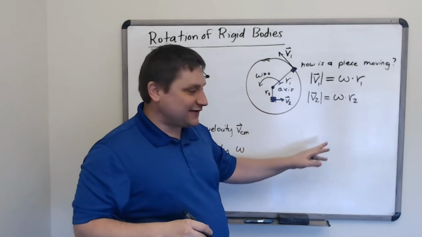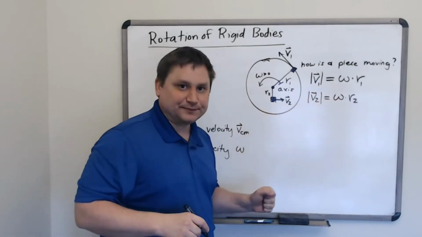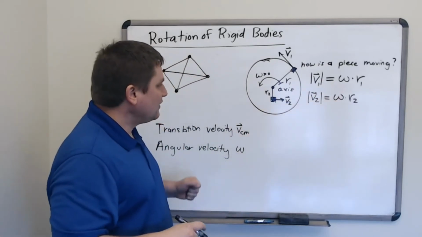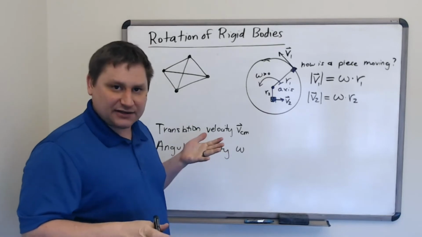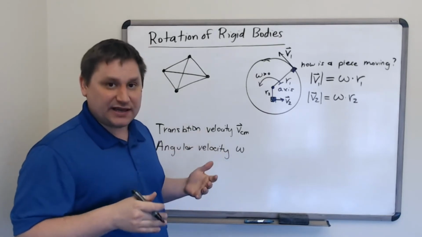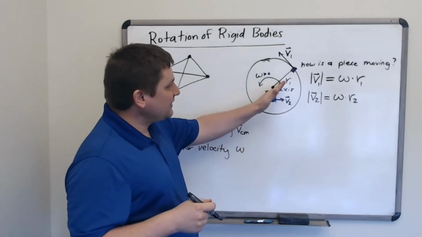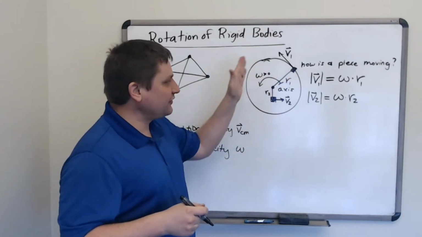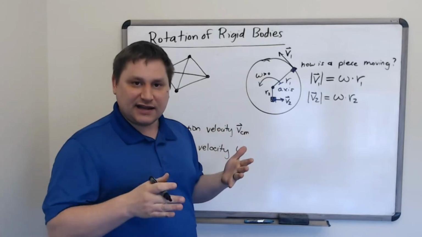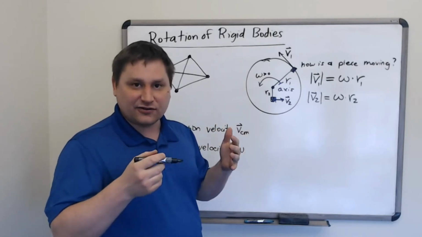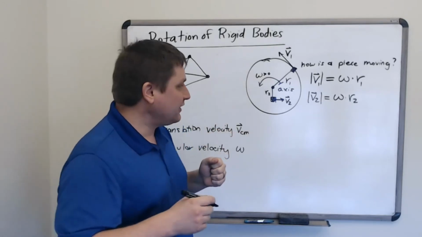All these pieces have the same angular velocity, though. So these velocities will be of different magnitudes for different pieces, but they'll also be in different directions. Notice that when an object rotates, each piece moves along a circular trajectory. So its instantaneous velocity is always in a direction that's tangential to that circle.